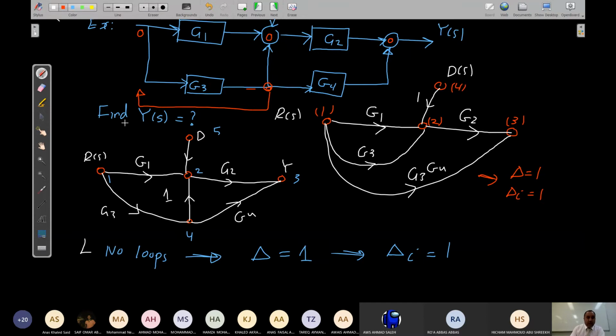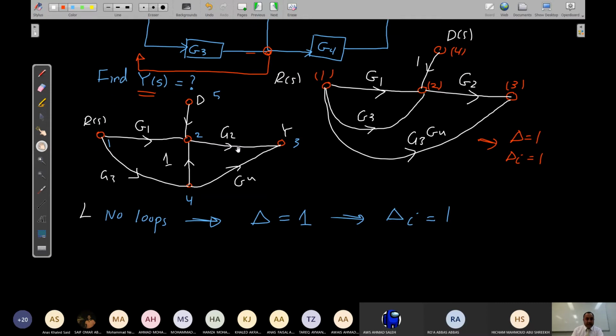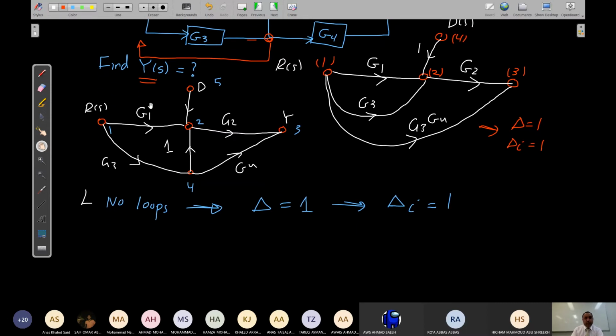Now, what I need here is to find Y of s. So Y of s is a combination of two transfer functions, correct? Or let's say Y is a combination of two responses. One is due to R, and the second one is due to what? D.